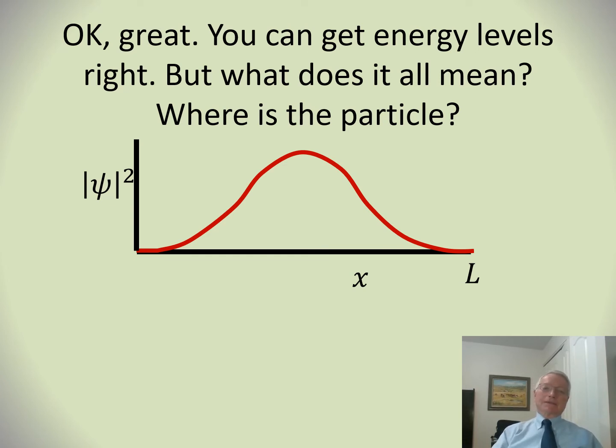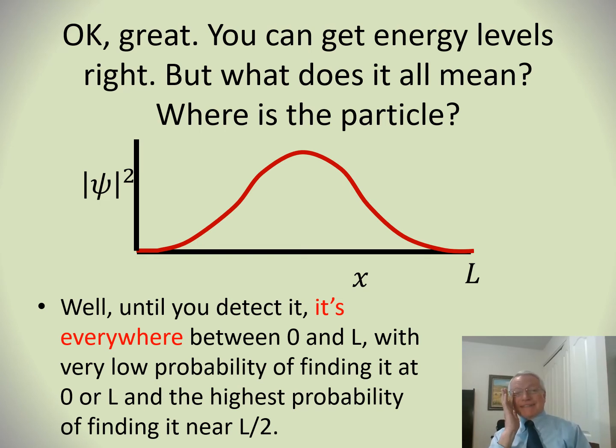What does it mean? If I give you a chi-squared function, this probability function, it's that red blob, you would be perfectly justified in asking, hey, where's the particle? Where is it? And the answer is, well, until you detect the particle, it's everywhere between 0 and L, simultaneously.